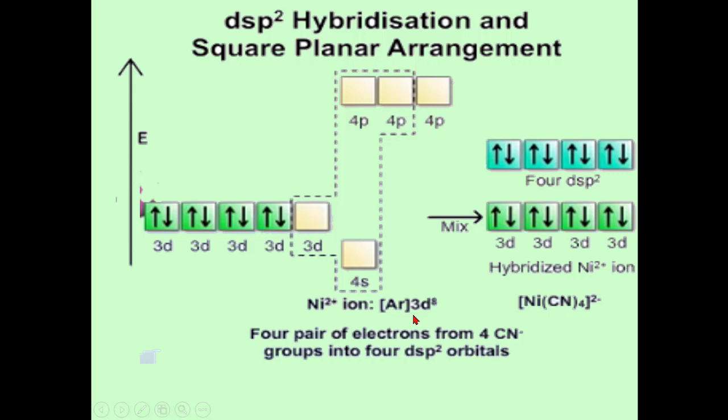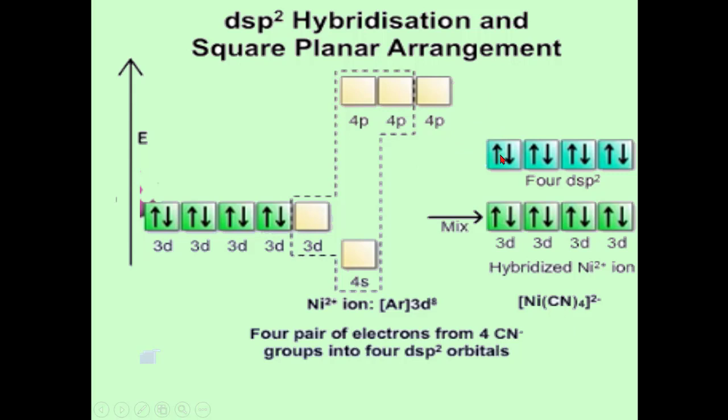that in the nickel the ligands here are basically cyanide. Cyanide ion has a negative charge and it has an electron pair. So the cyanide ion puts its electron pair here in these vacant dsp2 orbitals. There are a total of 4 cyanide ions, and each cyanide ion has a pair of electrons.